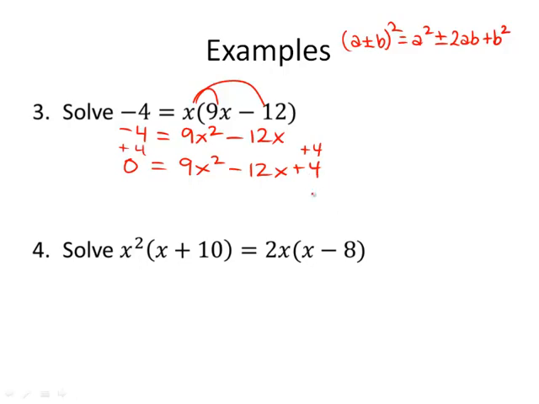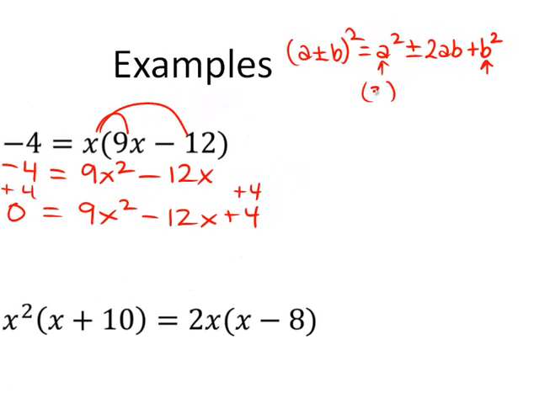So let's notice, is the first term a perfect square? Yes, it is. Last term? Yes, it is. The first term would have to be 3x squared to give us 9x squared, and the last term would have to be 2 squared to give us 4. So the middle term would have to be double 3x times 2. And is that true? 2 times 3x times 2 is 6 times 2 is 12.